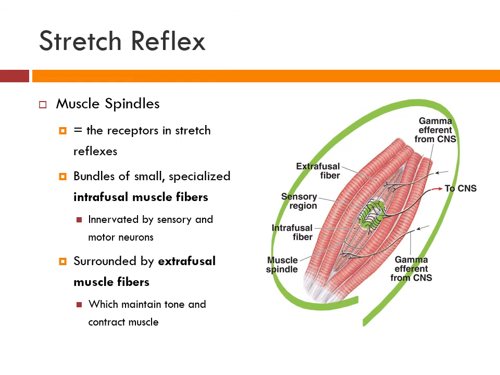And then as soon as the spinal cord gets that information, it sends information back in this gamma efferent motor neuron that says contract this muscle. And so that muscle is going to automatically contract. This is a protective mechanism. When a muscle stretches, you're going to contract it so that you don't overstretch that muscle and injure it.